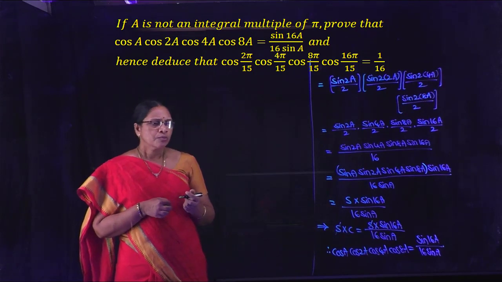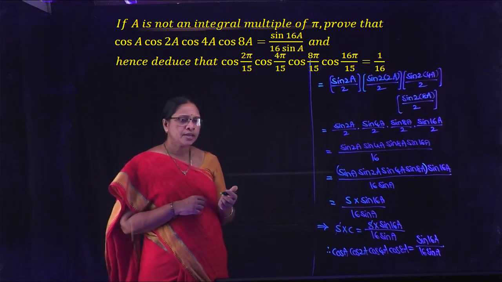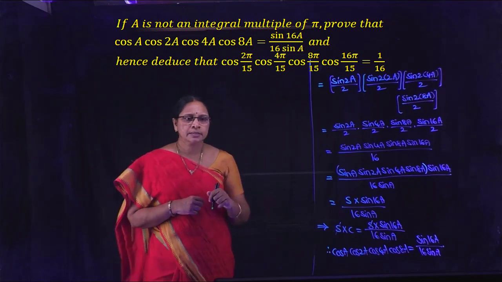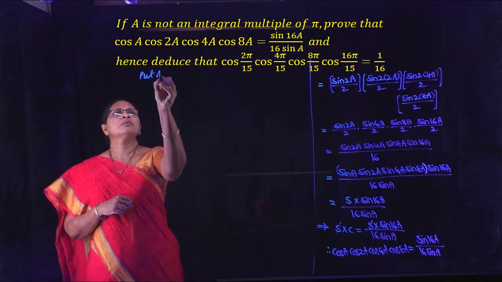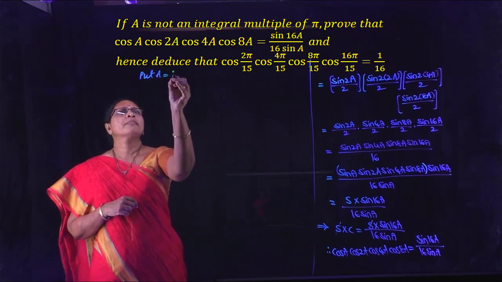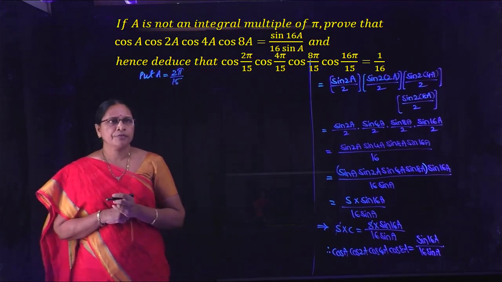For this we can substitute A equal to 2 pi by 15 in the proved result. Put A equal to 2 pi by 15.